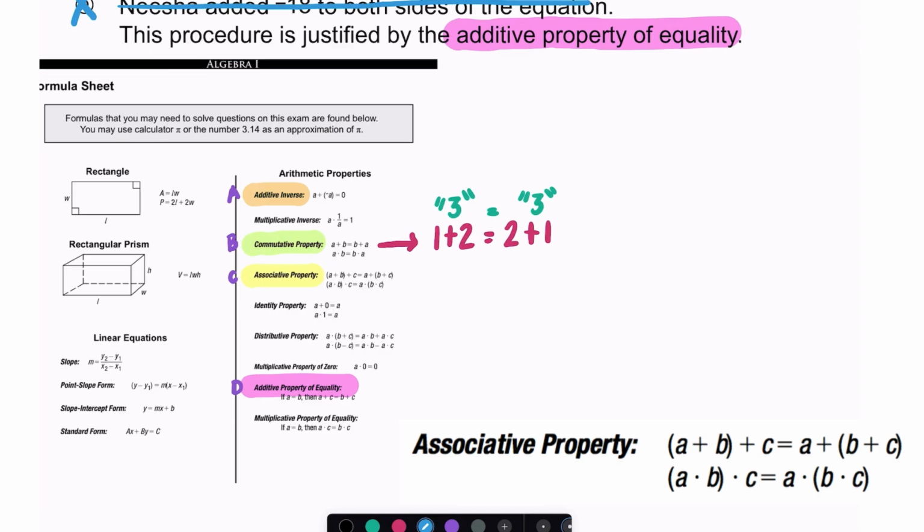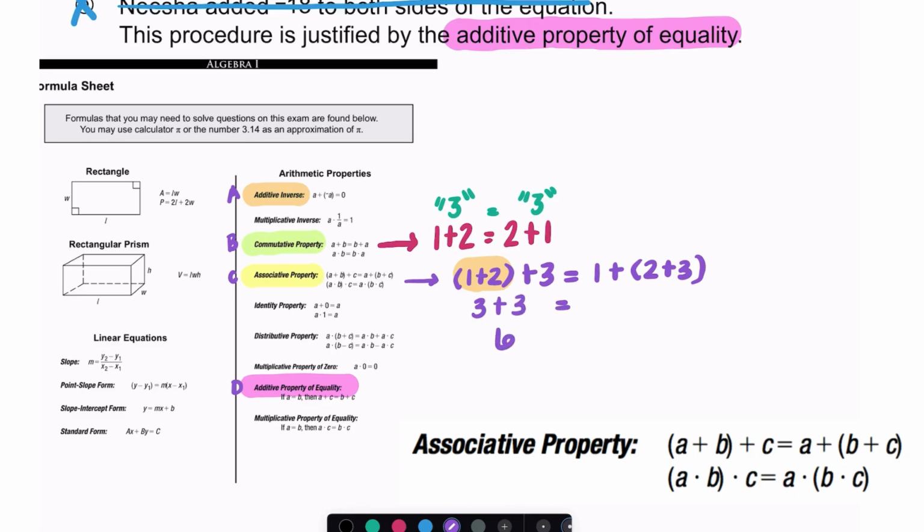The associative property is saying you're not necessarily changing the order, you're just changing which things you're adding first. So this is saying that if I'm adding 3 things and I take these first 2, 1 plus 2, that gives me 3, and then I do 3 plus 3, that gives me 6.